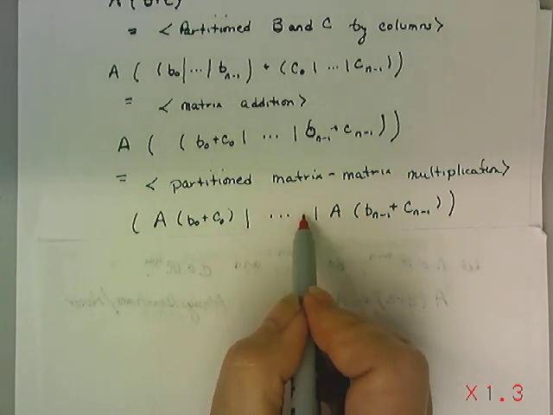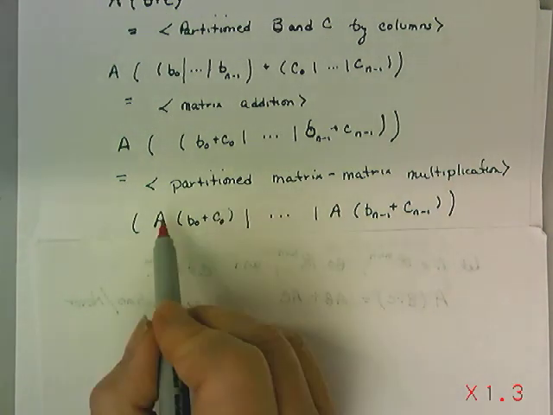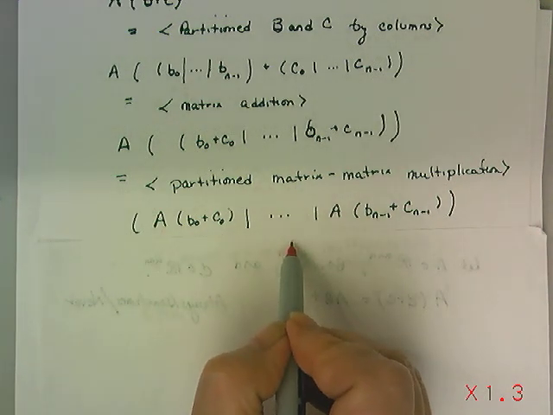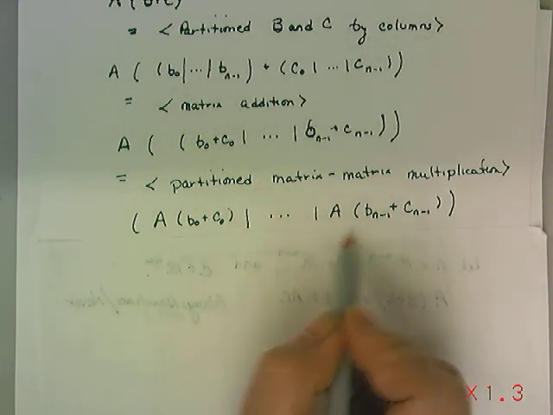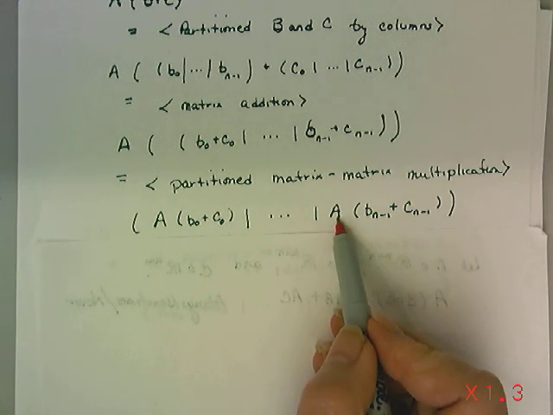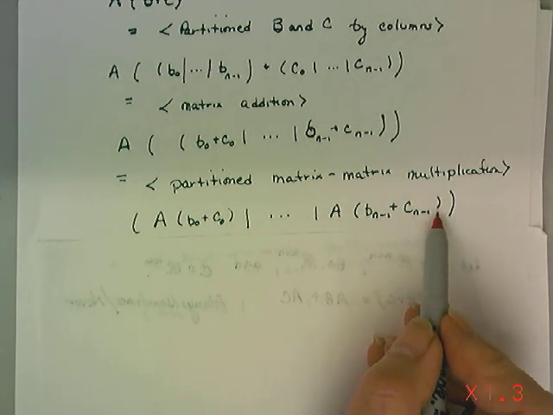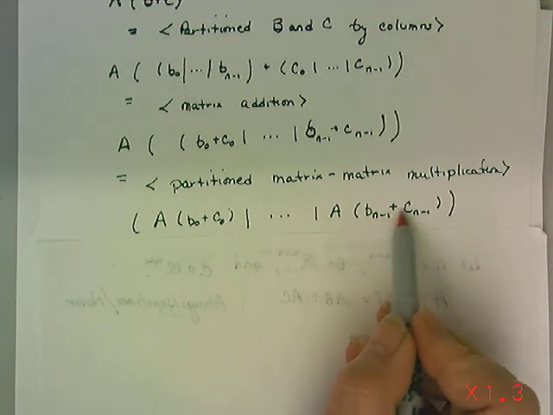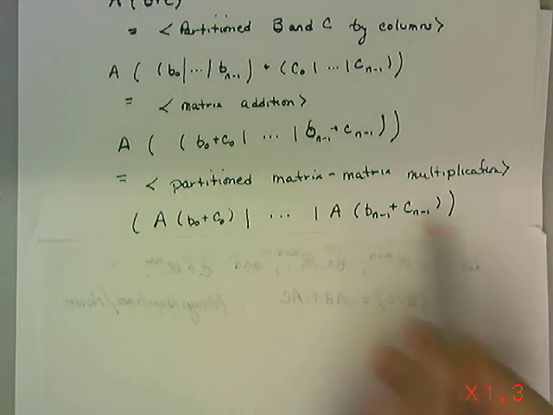And in fact, all of the columns will be found by taking the product of matrix A with the column that is the sum of B plus C. So the last one will look like A times the vector that's found by taking the column of matrix B plus the column of matrix C.